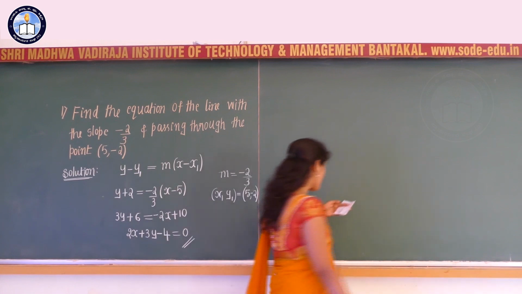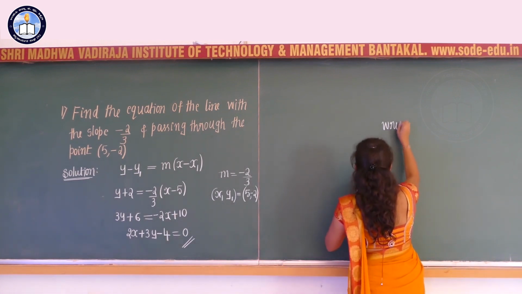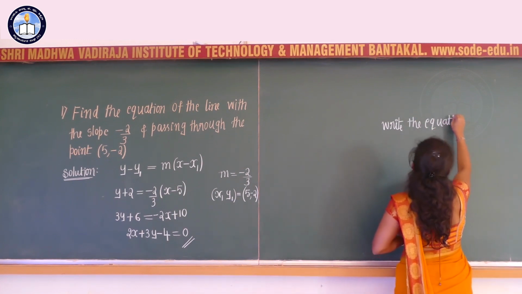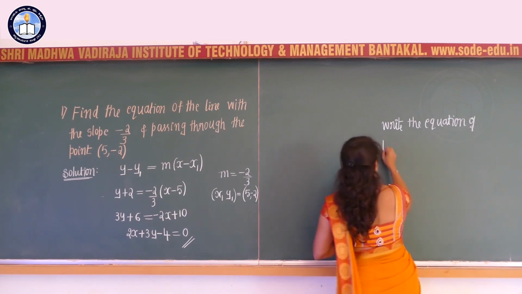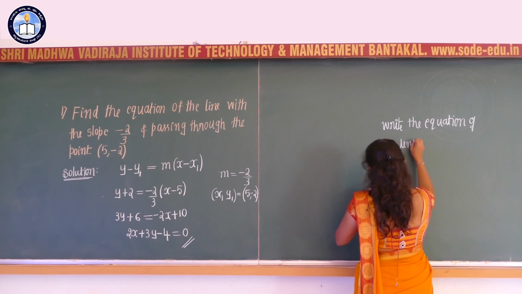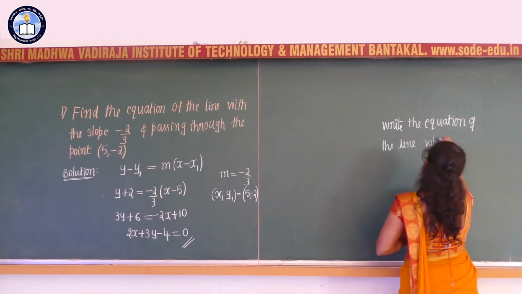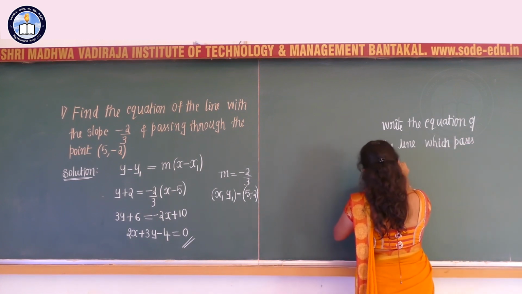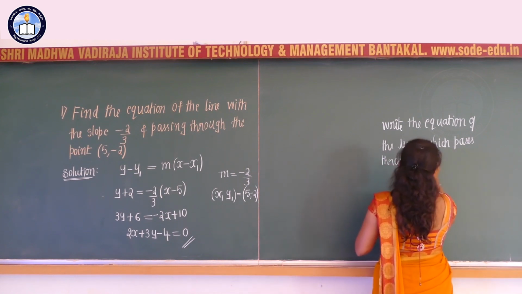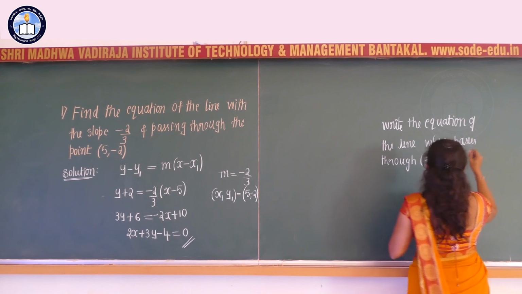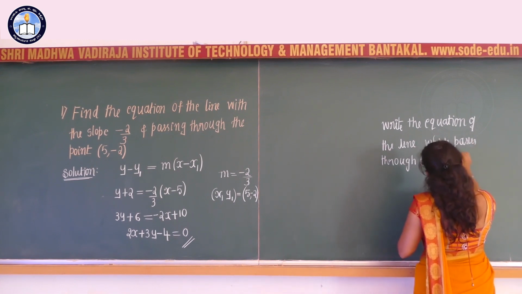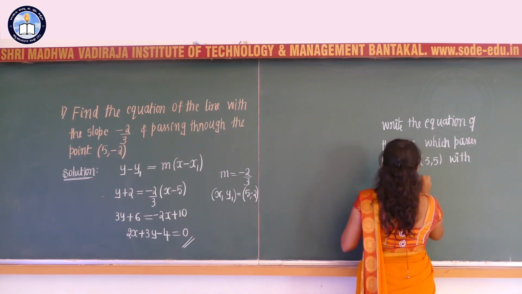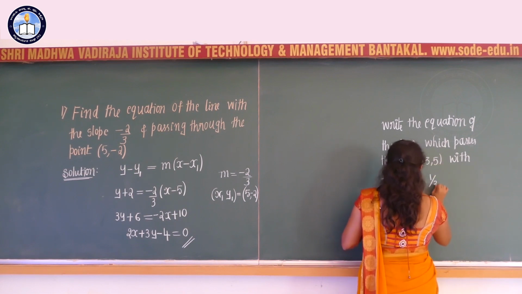And try to write the solution for this question: write the equation of the line which passes through the point (3, 5) and with the slope 1 by 3.